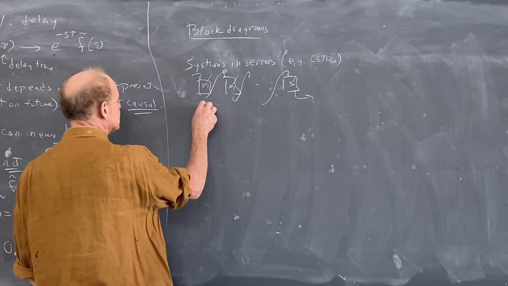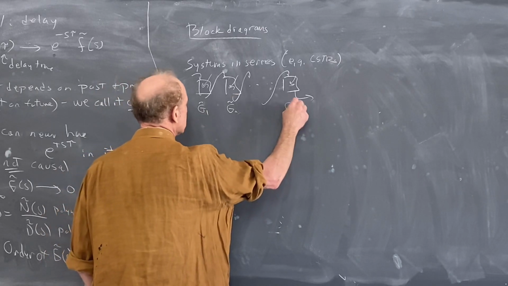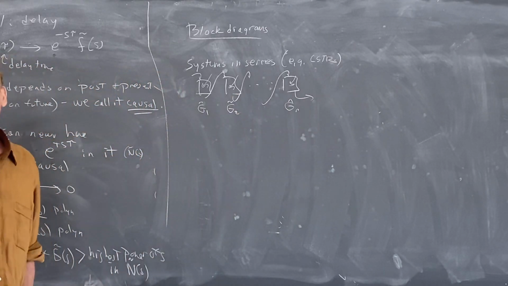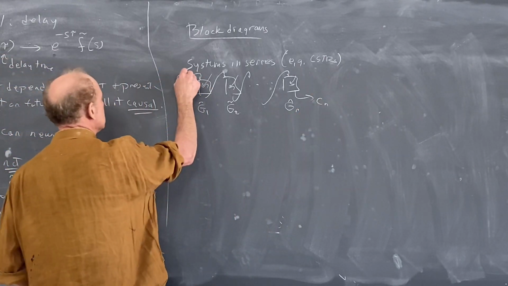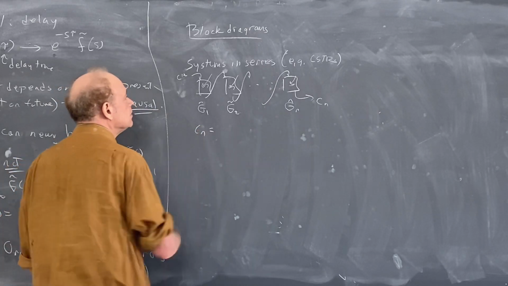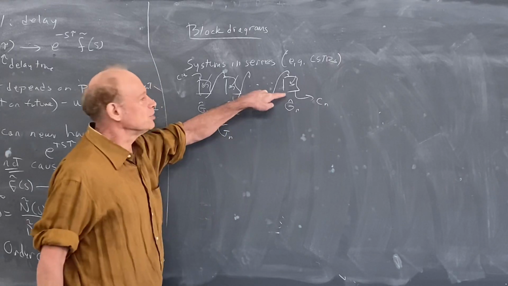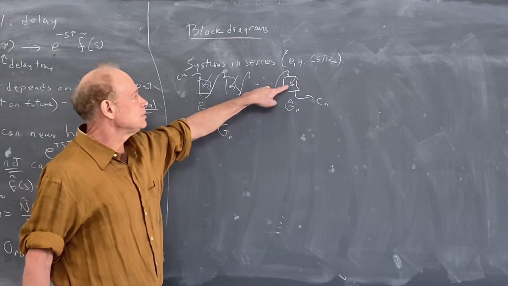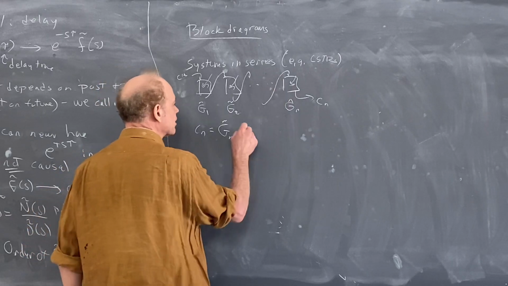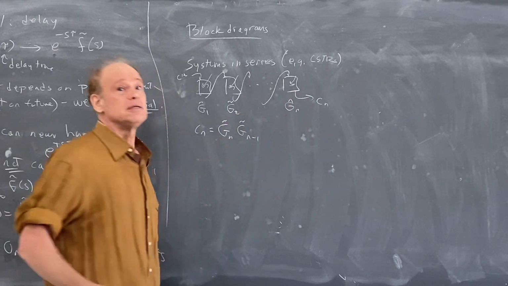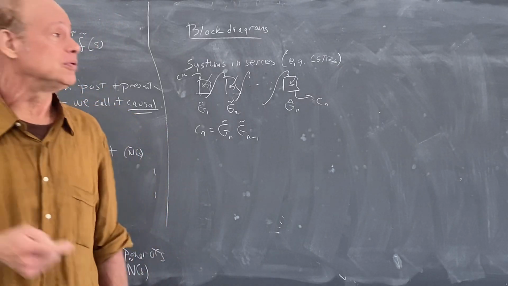So if this is the first CSTR and I have its G, here's another CSTR, I have its G, Gn, then I know that the output from Gn, which I can call Cn, is just Gn tilde times the input to this. But the input to reactor N is the output from reactor N minus 1. The output from reactor N minus 1 is Gn minus 1 tilde times its input. But its input was the output of reactor N minus 2.